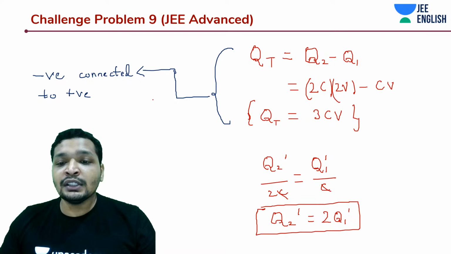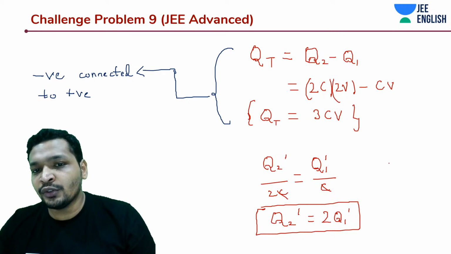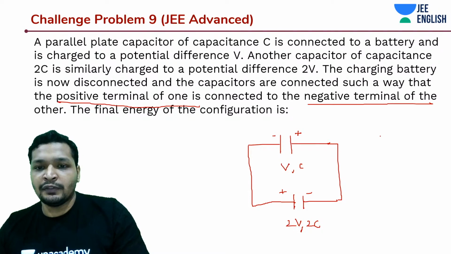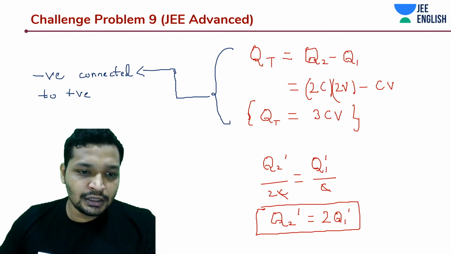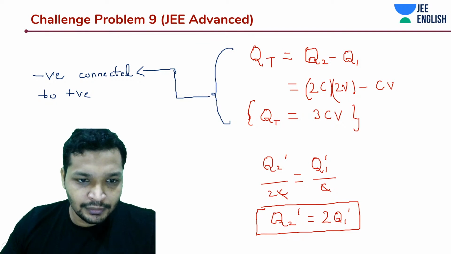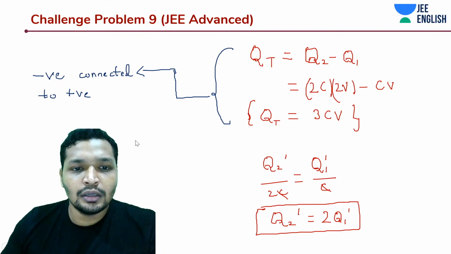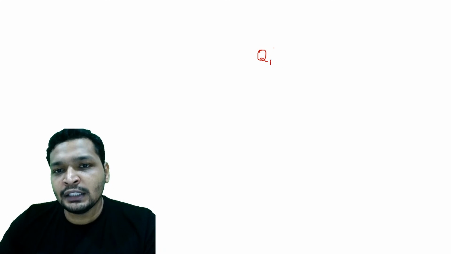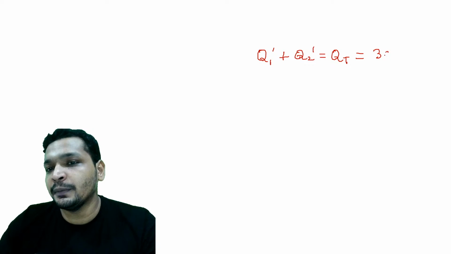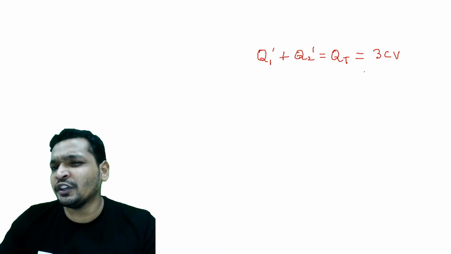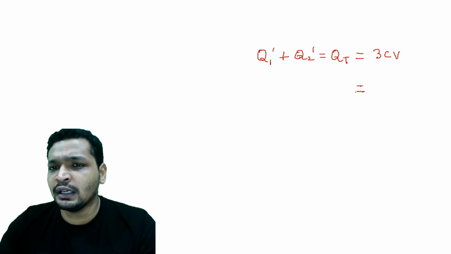So the other thing we know is Q1 dash plus Q2 dash. Let's see if I have some space over here. Okay, let's take up a new page then. The other thing we know is Q1 dash plus Q2 dash is equal to Q total. How much was it? That was 3CV, if you remember. It can be minus 3CV or 3CV depending upon how you connected it.